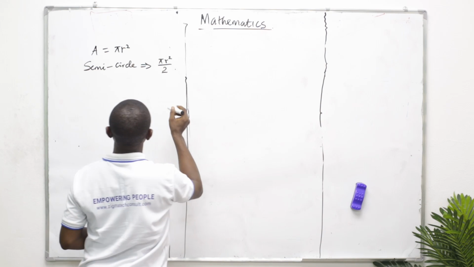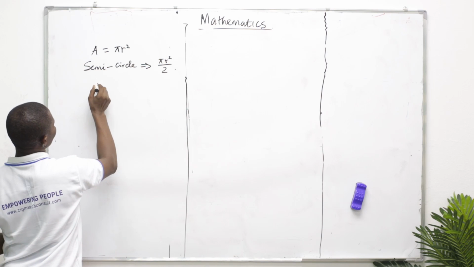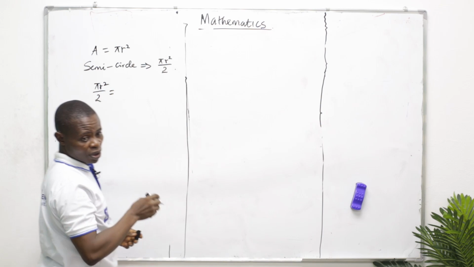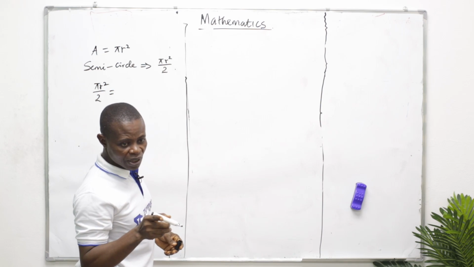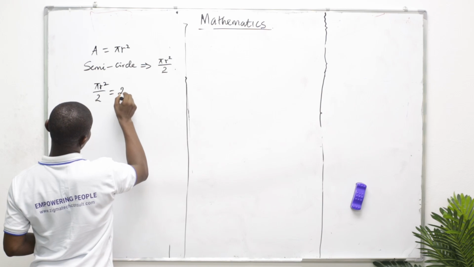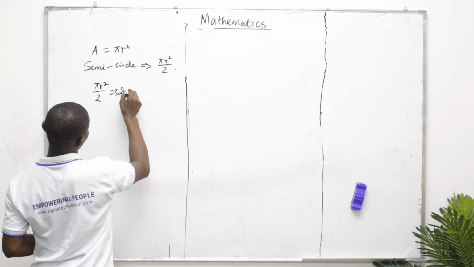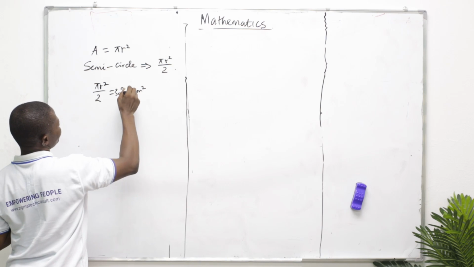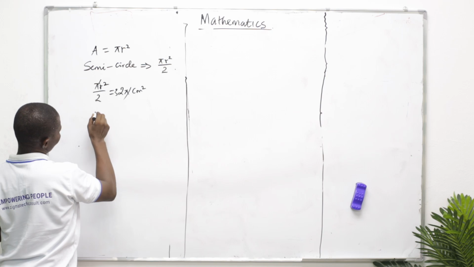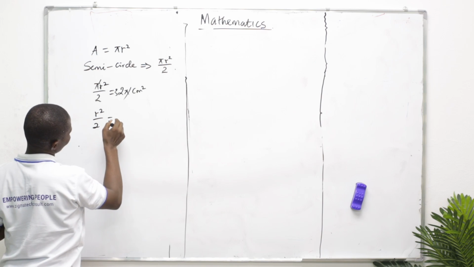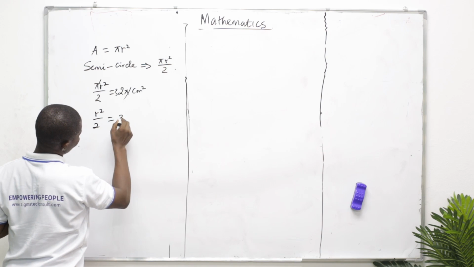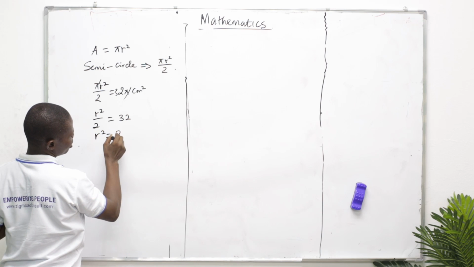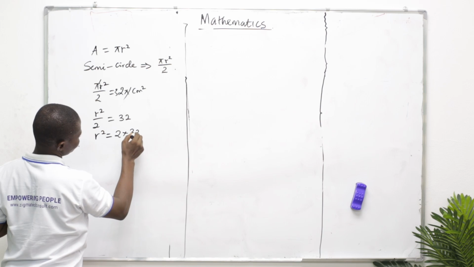Since we have this, we're going to say pi r square all over 2 equals, it was given the area of a semicircle is 32 pi centimeter square. If you look very well, this pi can take care of this. Now, r square all over 2 equals 32. If I cross multiply, I'll have that r square equals 2 times 32.